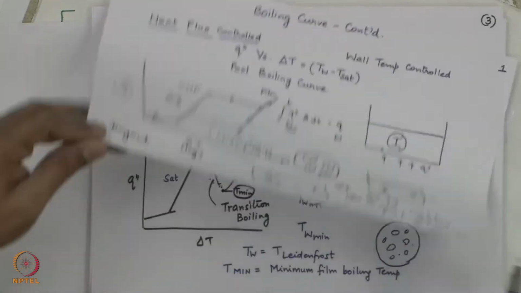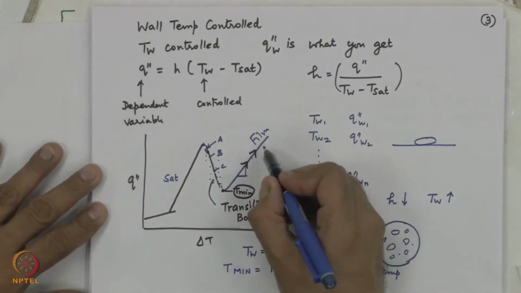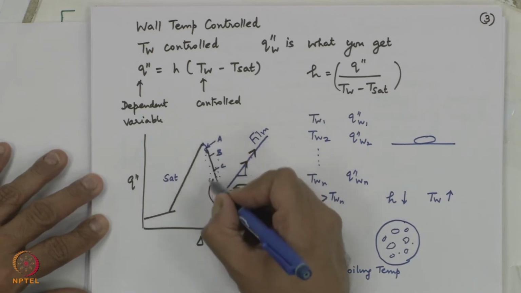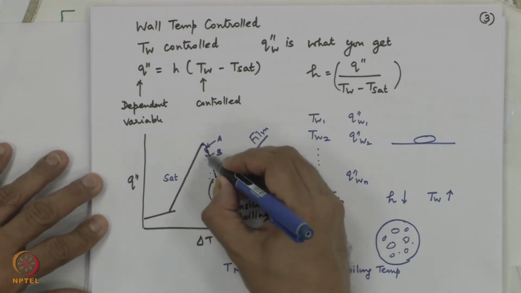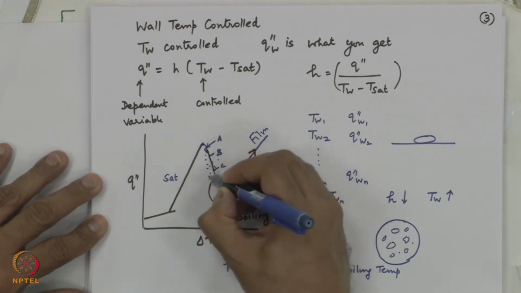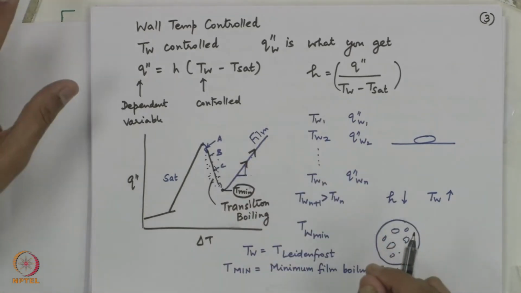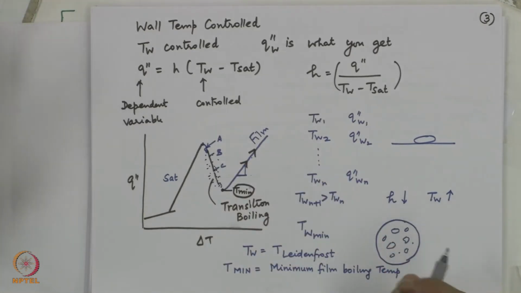In the wall temperature control case, I would follow the same curve with a small hysteresis, but for the kind of data that you get for transition boiling, you get very little data, with wide scatter. Because what is the temperature that you would measure? You have several spots which are dry, several spots which are wet, and the frequency of one spot being wet versus dry keeps on changing.